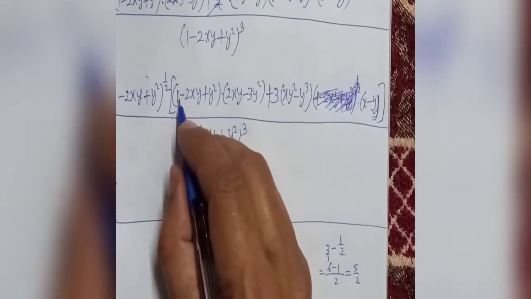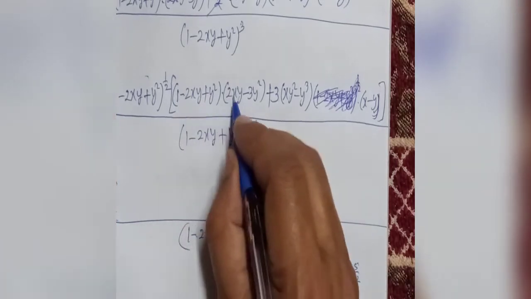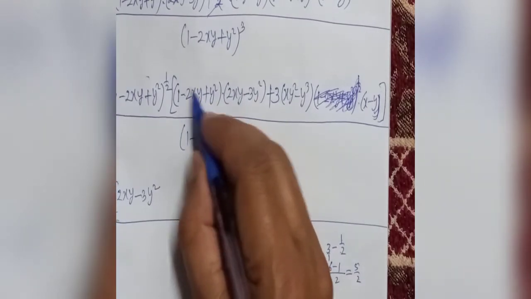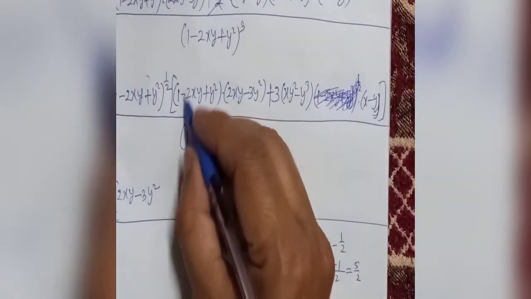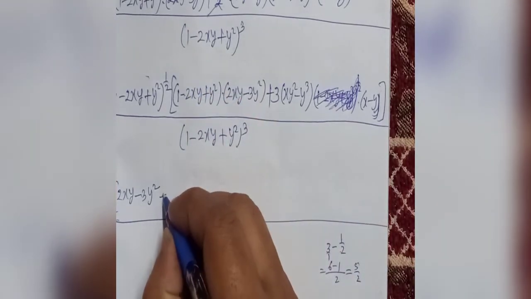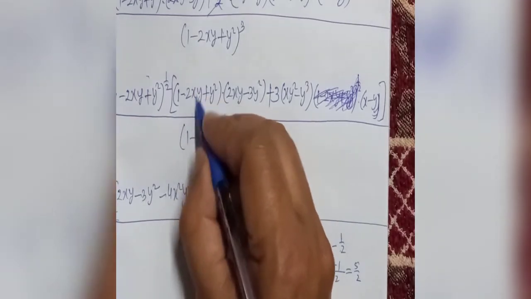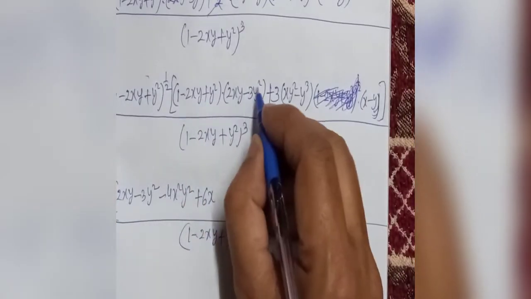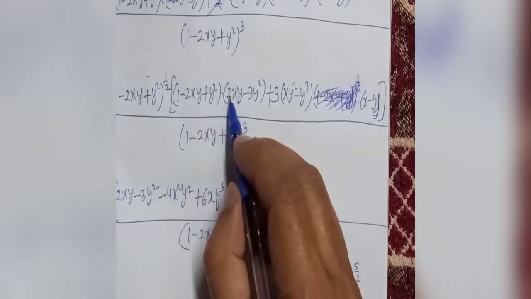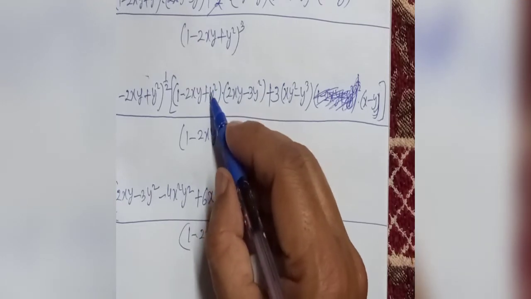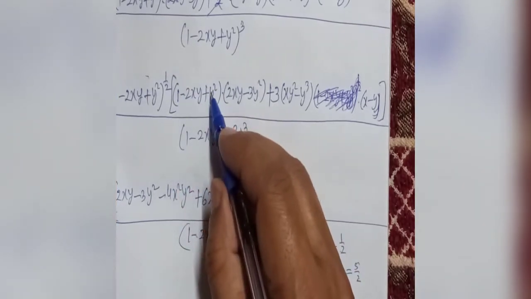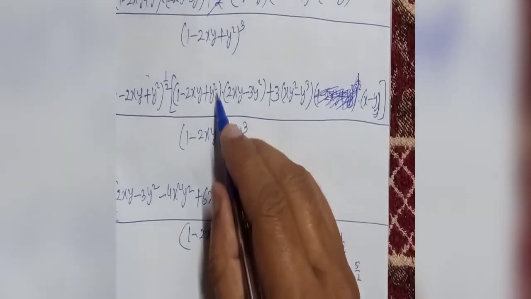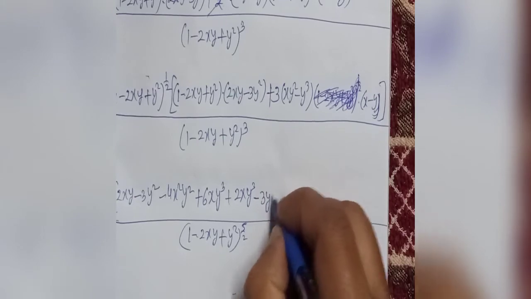We should multiply these two brackets, starting from 1 multiplied to these two terms, we get 2xy − 3y², and after this, minus 2xy multiplied to these two terms, we get minus 4x²y², and when this minus multiplies to this minus it becomes plus 6xy³, and y² becomes y³. Also the third term, y², multiplied to these two terms, we get 2xy³, and this multiplied to this term we get 3y⁴.